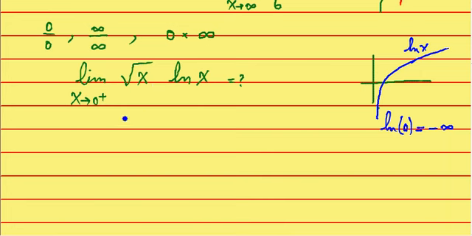Well, the way we handle this problem is by converting it. How do we convert it? We have to make it either 0 over 0 or infinity over infinity. Here I choose to make it infinity over infinity. That is, I have logarithm of x. This radical x, I put it in the denominator like this. So I force it to go into the denominator.